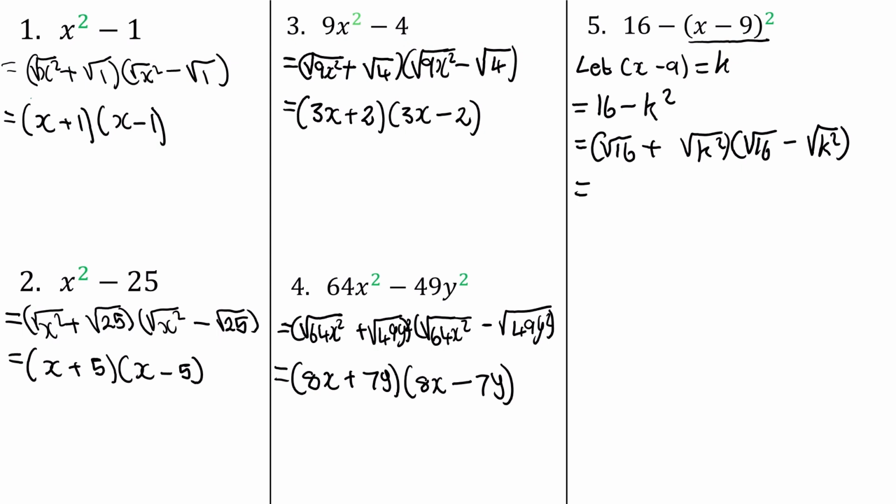Then you punch in your calculator, you see what you get for square root of 16. I think square root of 16 you get 4. So plus, square root of k squared you get k, and square root of 16 you get 4, minus k.